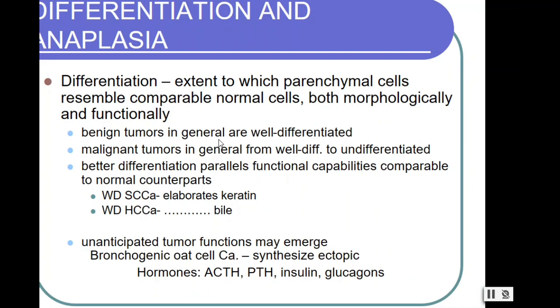Benign tumors, in general, are well differentiated, meaning you can easily recognize them as similar to normal. Malignant, however, can be undifferentiated. Now, better differentiation parallels the function, comparable to the normal counterparts.